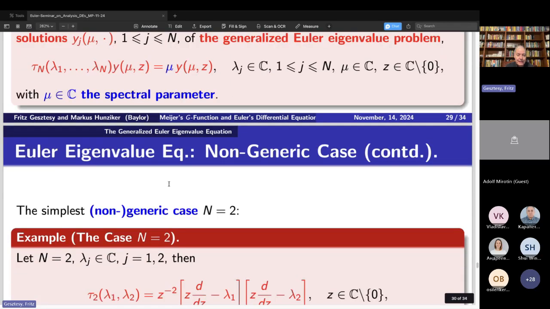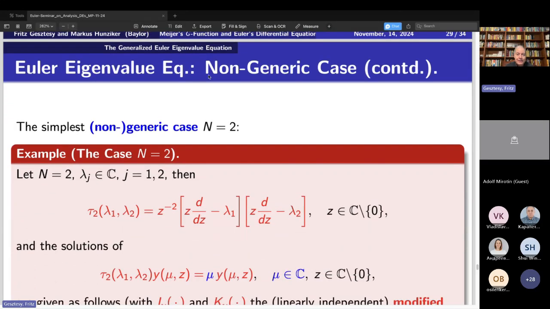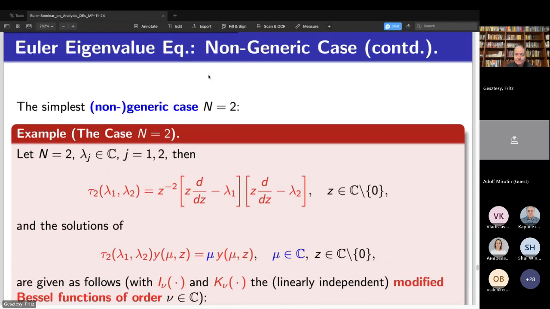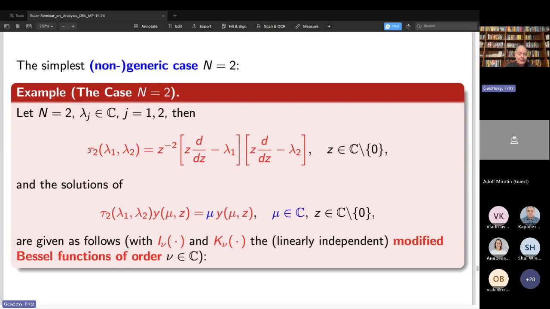Now, rather than giving you the summary of this again in terms of the solution for Euler, let me give you the n equals 2 example next. Okay, so you see, we have two parameters, lambda 1 and lambda 2, and we want to solve this differential equation.